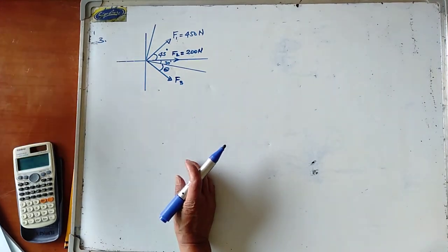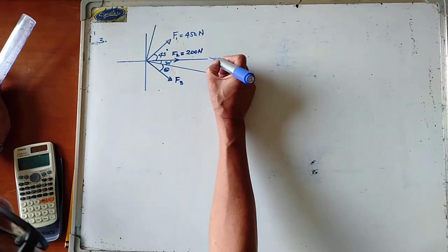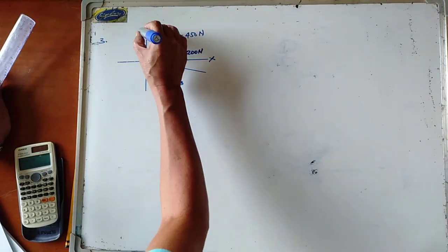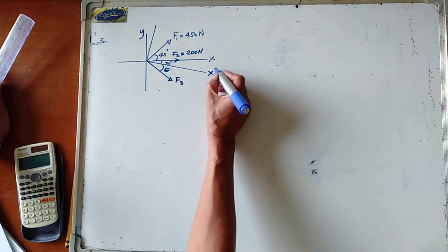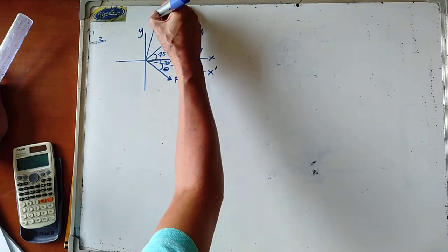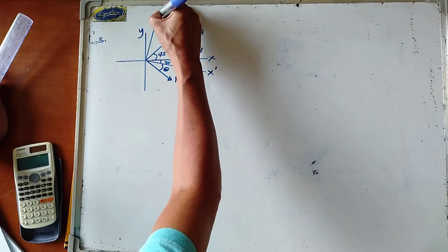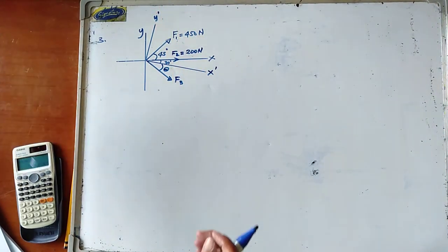Okay, so this is the x-axis, and this one in here is the y-axis. This is now your x prime, and this one in here is your y prime.